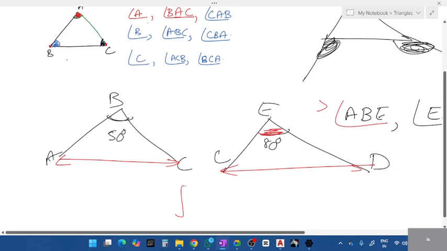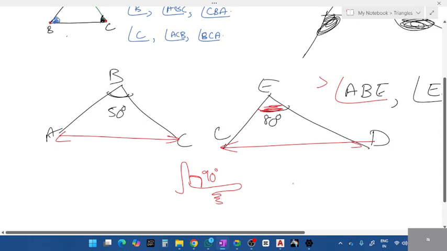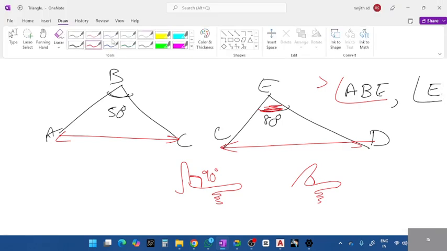For example, you can just observe your thumb finger like this. Can you see 90 degrees formed here if you open your thumb like this? If you close your thumb a little, what's the angle formed? It will be less than 90, right?